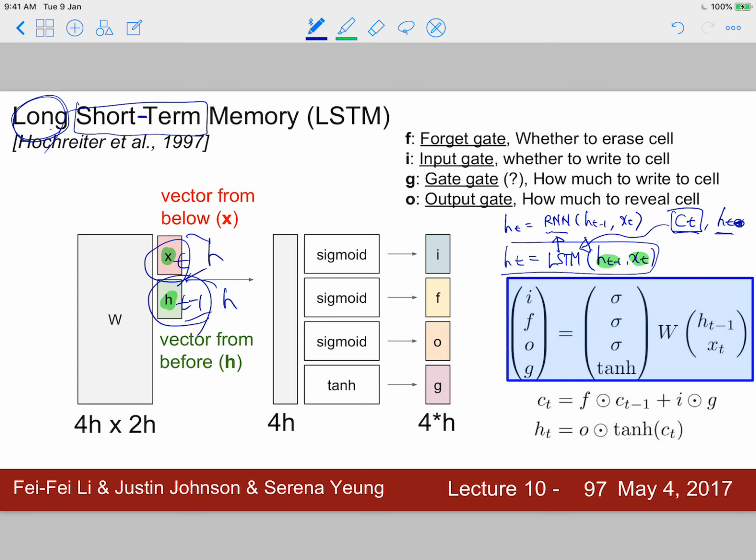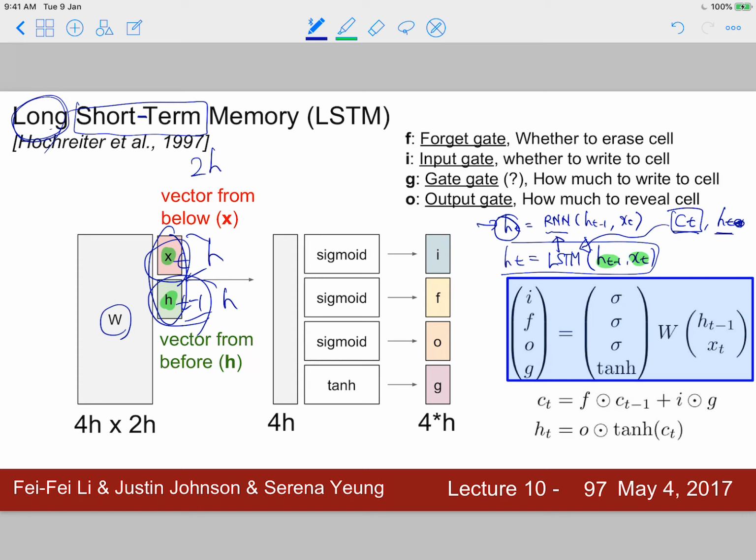So it now takes an input vector whose dimension is 2h, and we have a linear transformation matrix similar to the original RNN. In the previous case of the RNN, we just directly produced this h_t.